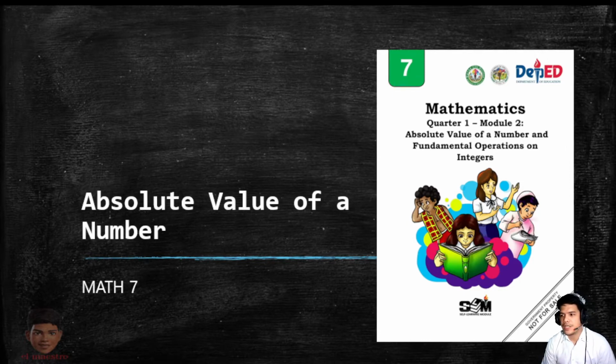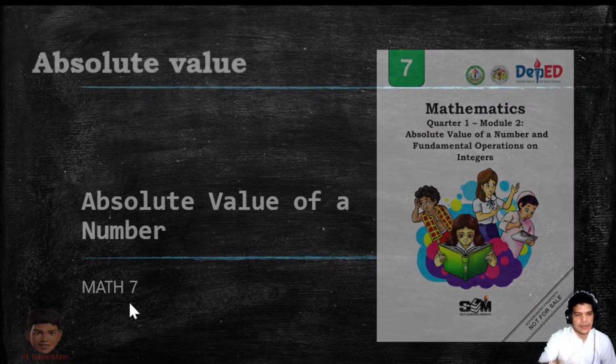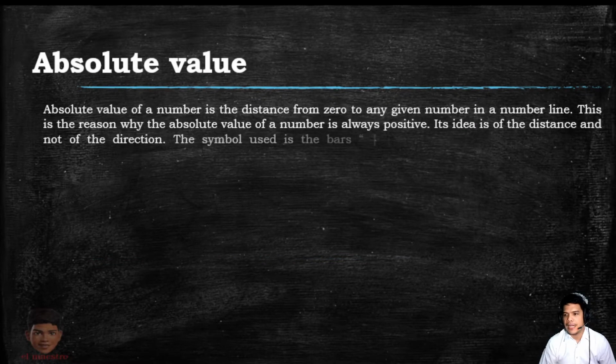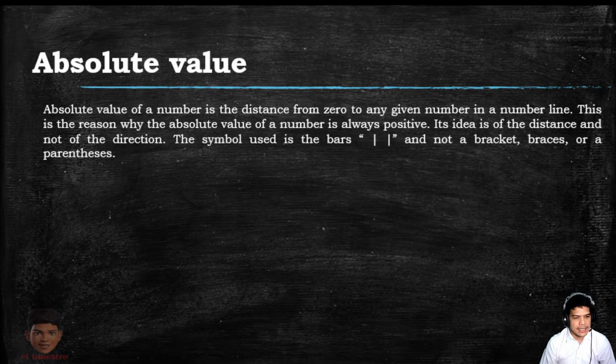Today we're going to discuss the first quarter module titled Absolute Value of a Number. First thing is we have to define what an absolute value is. It says here that the absolute value of a number is the distance from 0 to any given number in a number line.